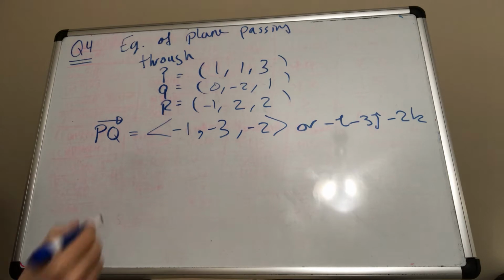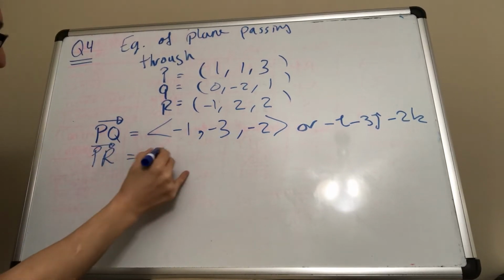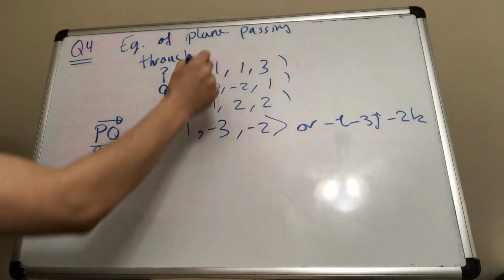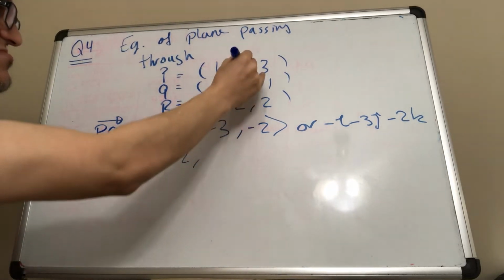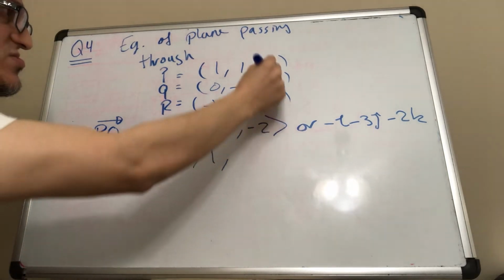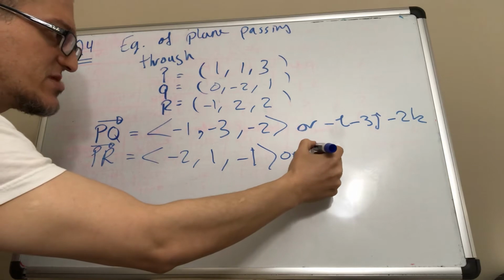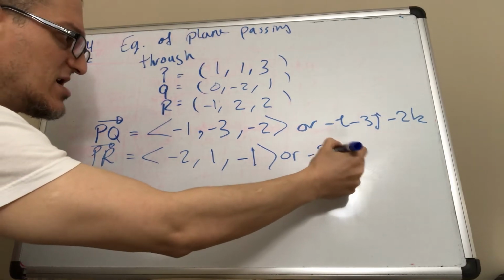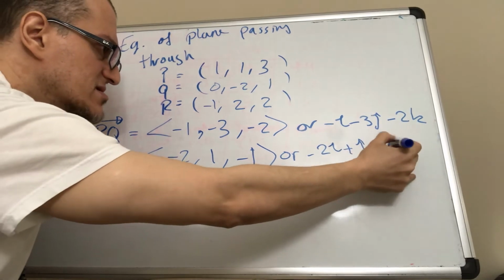I'm also going to do PR. PR, this minus this, -1 minus 1 is -2, 2 minus 1 is 1, 2 minus 3 is -1, or again you can write it as minus 2i plus j minus k.